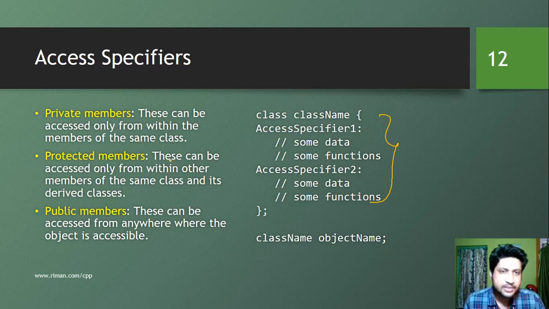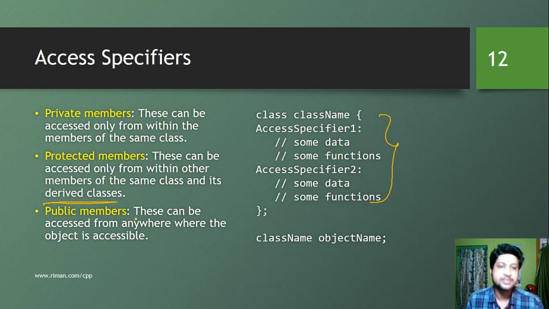They can be accessed only from within the class members of the same class and its derived class. So what is a derived class? We are going to talk about derived classes when we talk about inheritance. A derived class is a class that can inherit some of the properties from some old classes. In that situation, protected members are actually helpful.